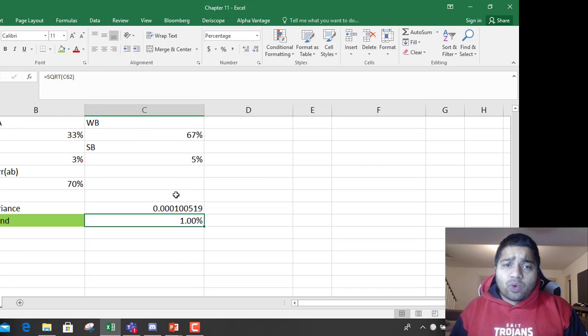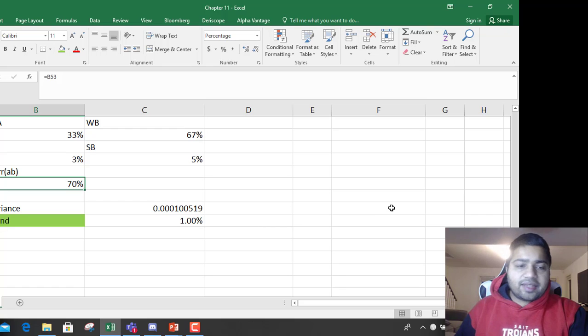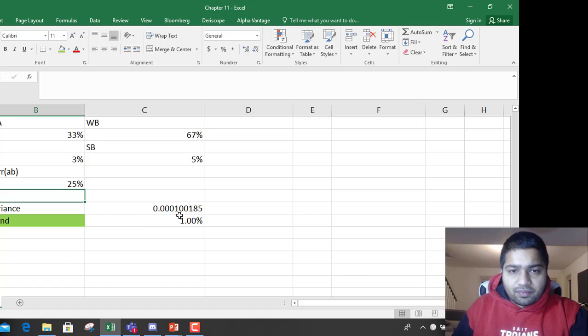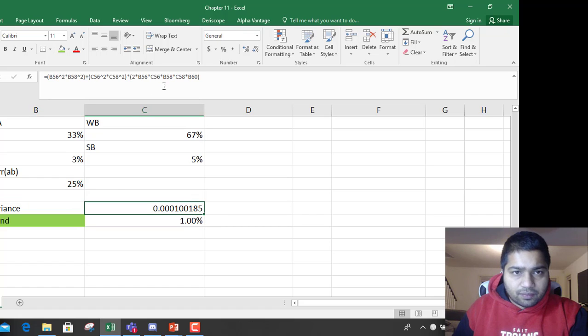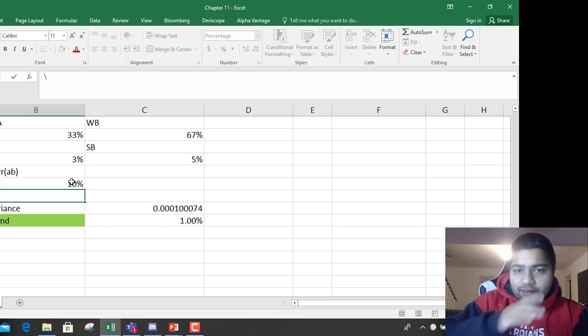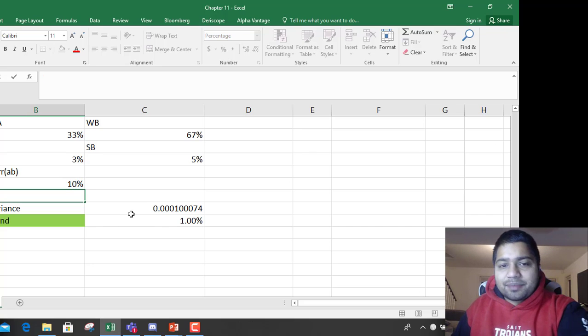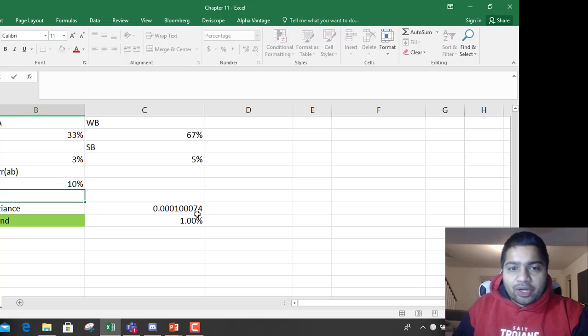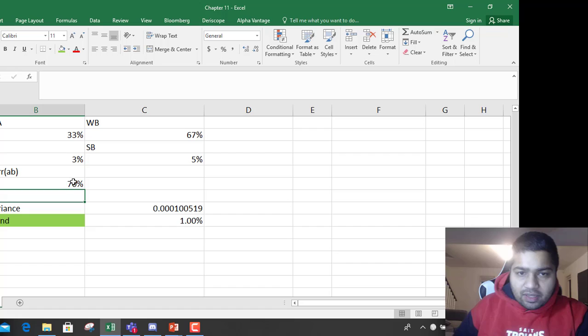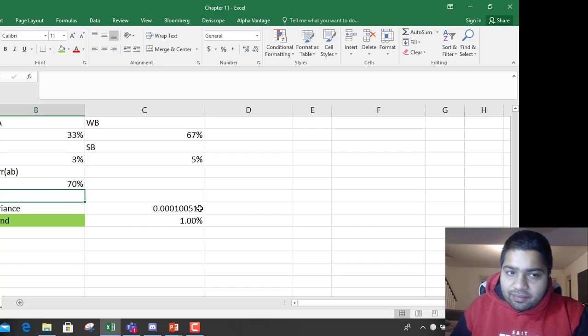Now, what would be the relationship between correlation and standard deviation? Let's say correlation was 70%. If correlation was 25%, or let's say 10%, it's changing, but not changing much. But what you can see is, if 70% was the case, the correlation was higher and the variance was higher.